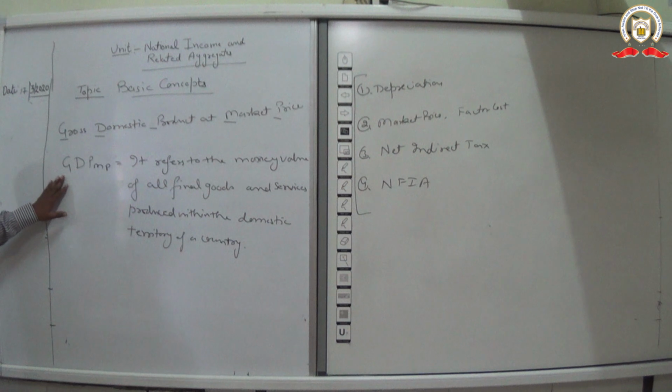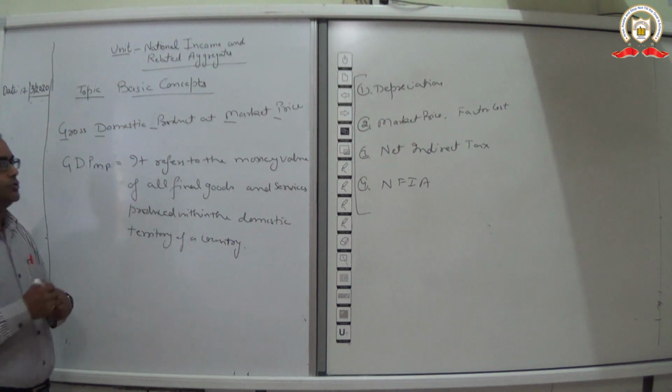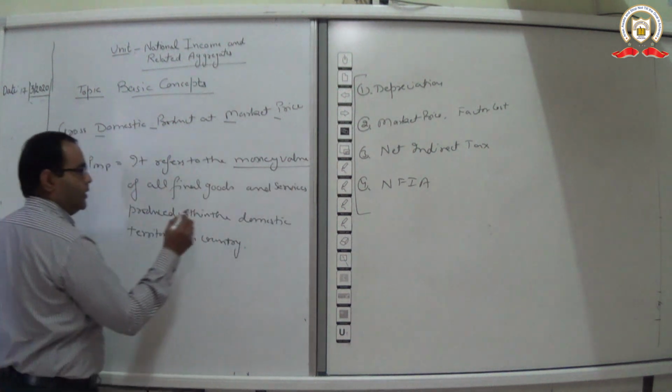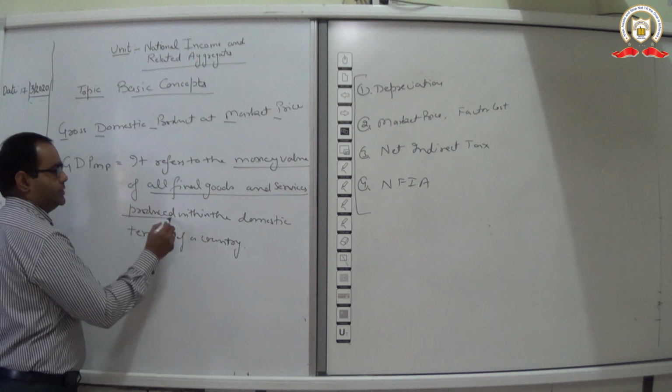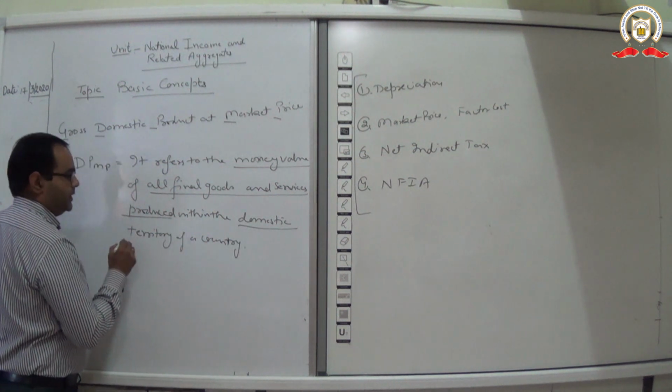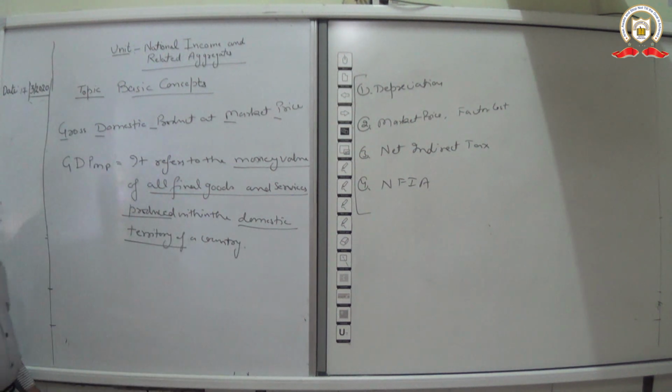So again, what is gross domestic product at market price? It refers to the money value of all final goods and services produced within the domestic territory of a country. It comes under the heading of GDP at MP.